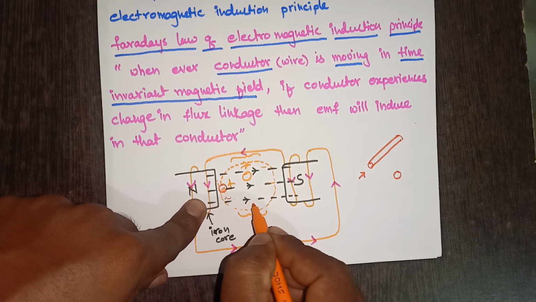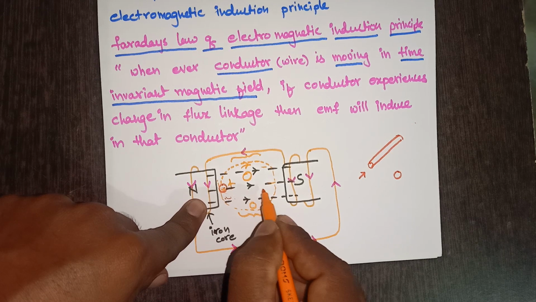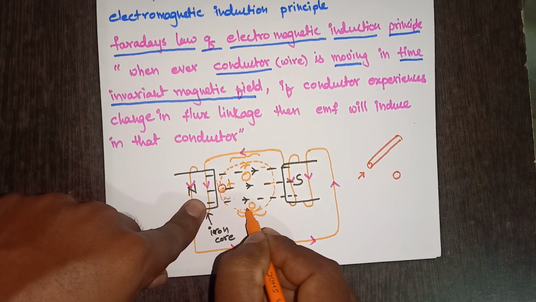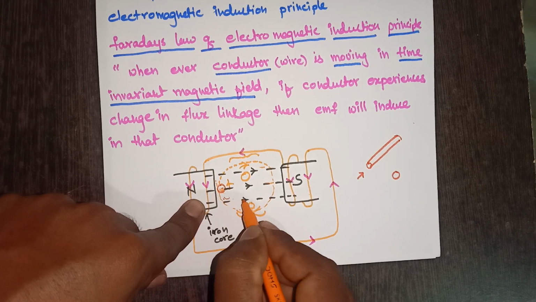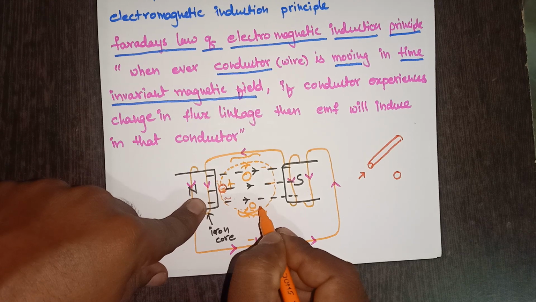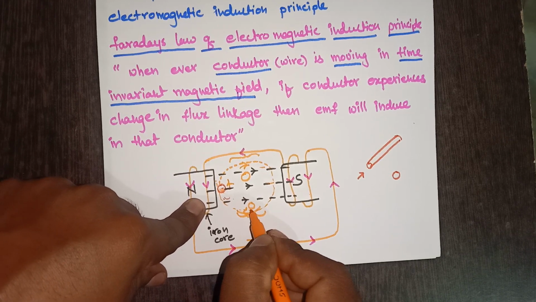And coming to this bottom region, if you rotate in clockwise direction, the conductor movement is in this way and flux direction is from left side to right side, right? So here both are in anti-parallel.